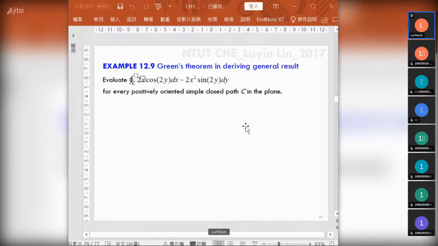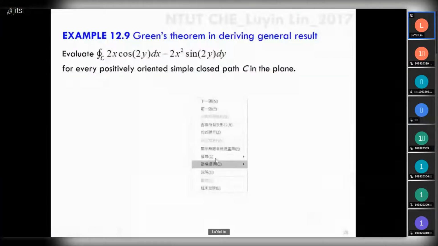OK 好，那我从这题开始讲。Okay, so the example 12.9 is the line integral. And the path C is the closed path. The closed path is for x and y, right?